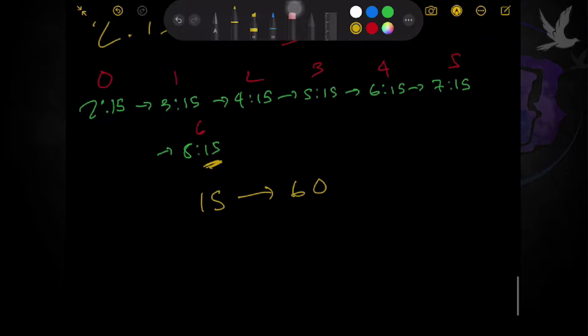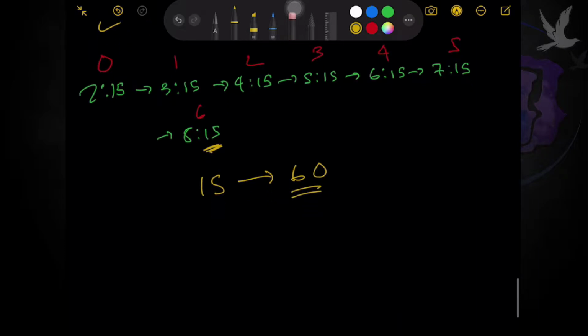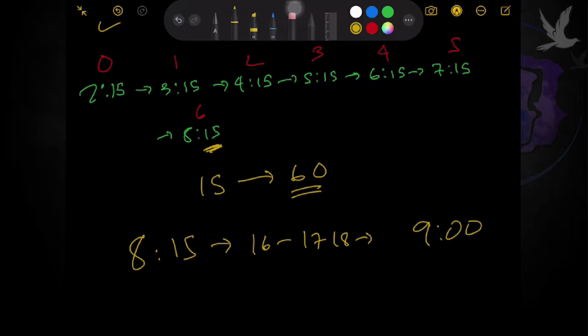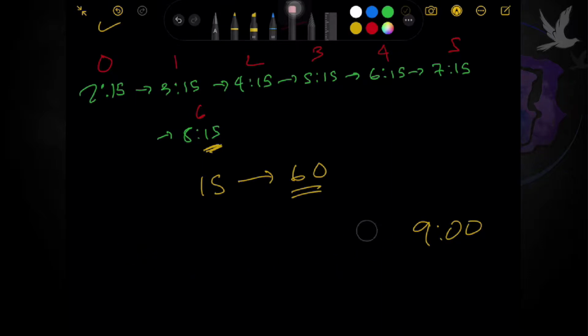So, in other words, if you are going to continuously count 16, 17, 18, until it reaches the next hour, which is 9 o'clock, your minutes reach a total of 60 na. Okay? Kasi nga, for every hour, there's an equivalent of 60 minutes.